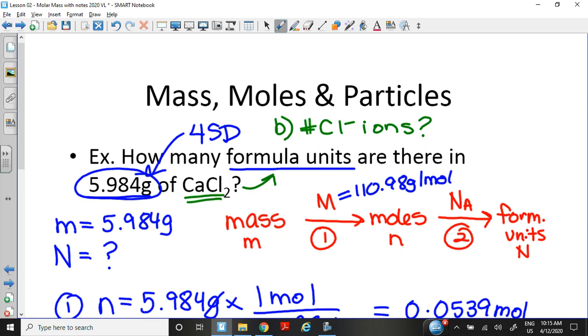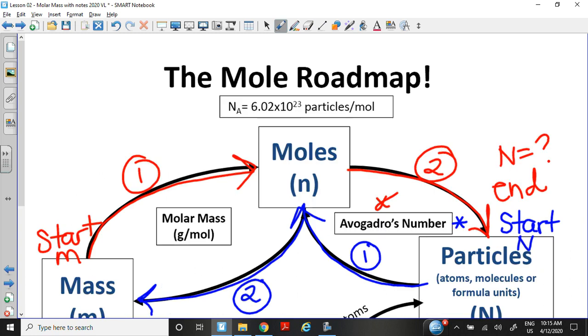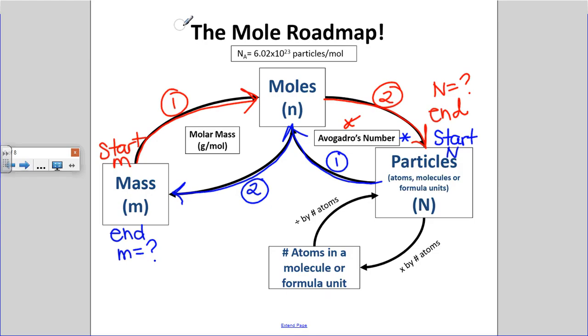So what we're basically trying to do here, if we go back to our roadmap for a minute, the question we ended up with over here, we finished step 2, we found our number of formula units, but now we want to find how many atoms, or we could even say ions here, it's not specifically listed. So basically what we're doing is throwing on a third conversion.